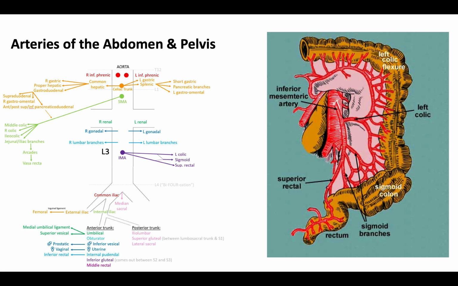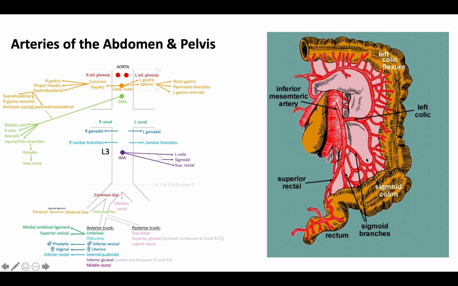Okay? Cool. So I already went over here with our left colic flexure or splenic flexure, the marginal artery of Drummond, which is the anastomosis from the SMA of the middle colic artery to the left colic artery. The left colic artery, once again, is getting the left colon, or the descending colon, because remember we're naming it in the way the food is traveling, right?